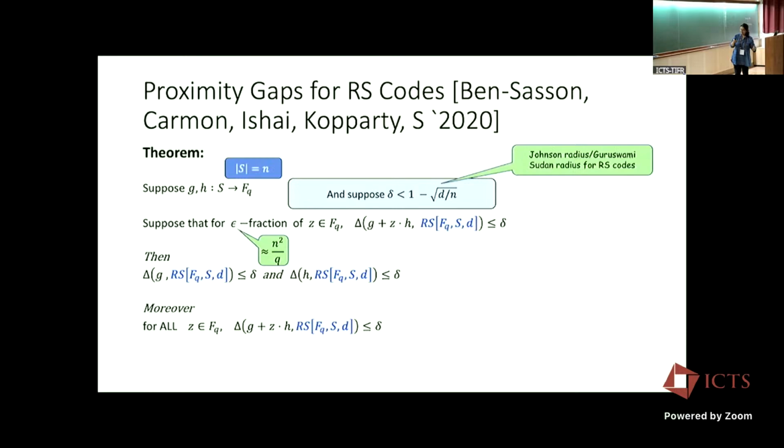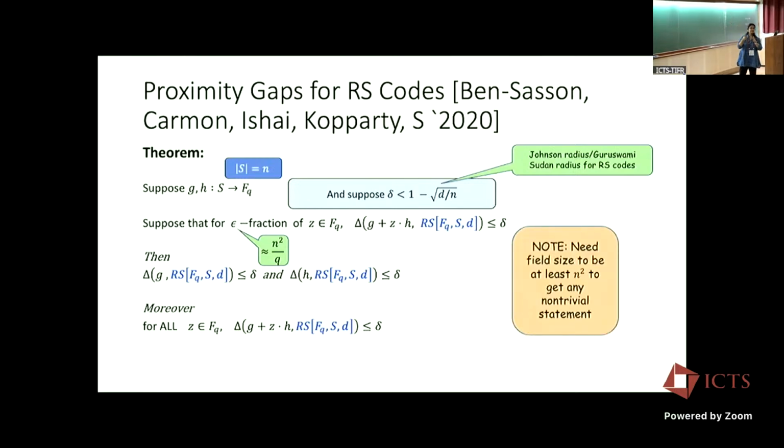Because I have 1 minute left maybe, let me just comment on something about the proximity gap statement, what we know and where we can hope to strengthen it. First note that this statement doesn't give anything meaningful unless Q is at least n squared. To even get a meaningful statement here, we needed Q to be large.